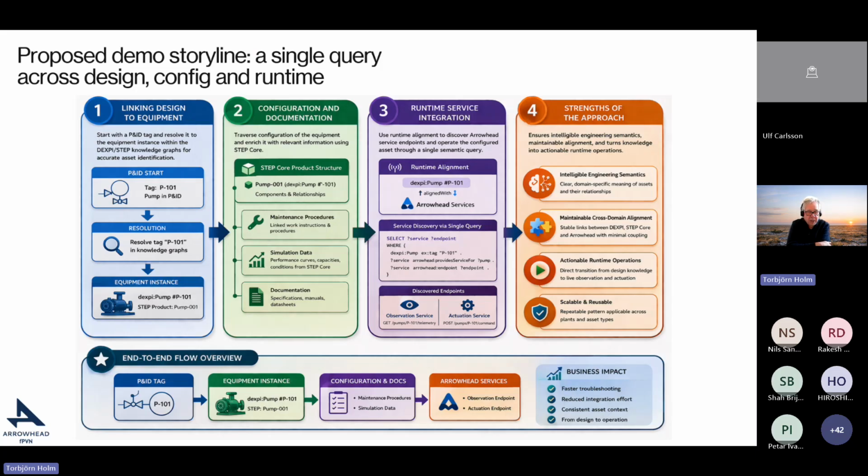The work order will be executed, and we will update the knowledge graphs and have that historical data from that time that the new equipment is running.